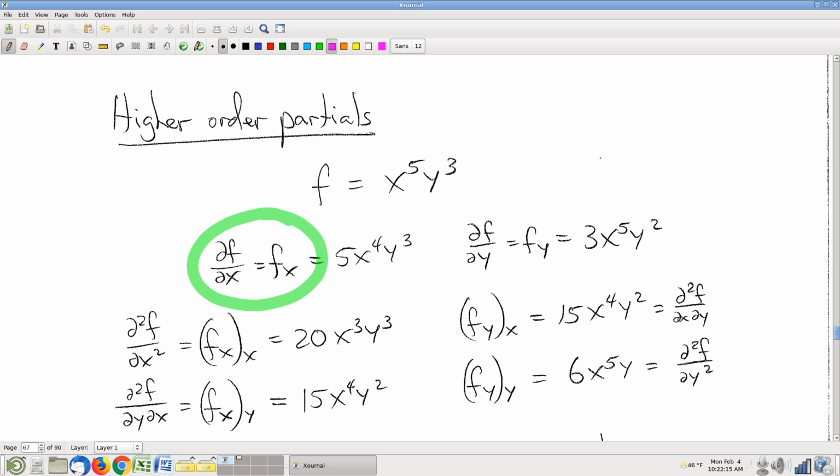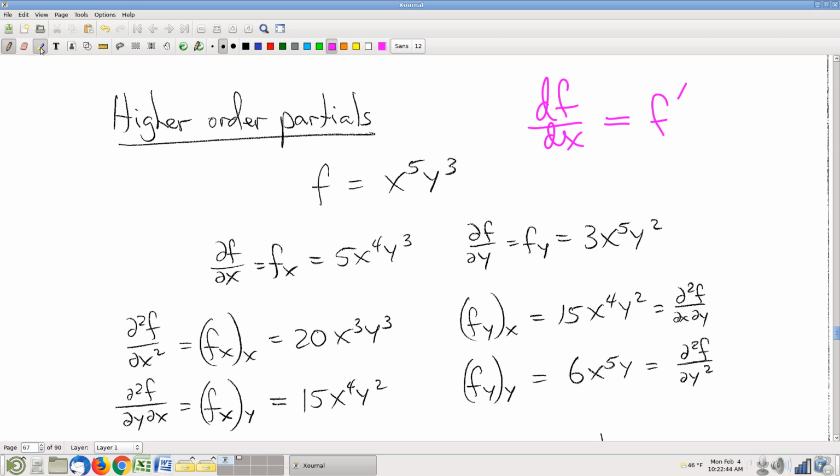Okay, so the other notational alternative, as opposed to the Leibniz notation we introduced last time, is this. You just make a subscript of the variable with respect to which you're taking the partial derivative. And I'm going to call that vaguely Newton-like. Let me just remind you, in single variable calculus, we talk about df dx, and then the alternative notation is to say f prime. The idea is that the prime says you're taking a derivative.